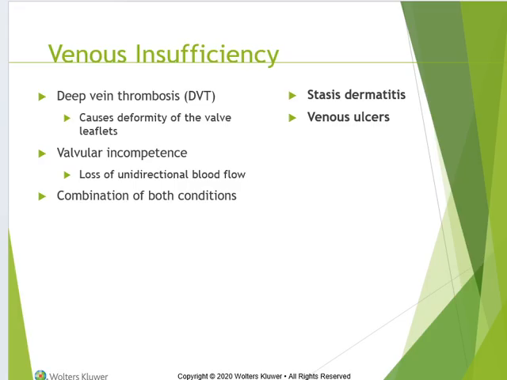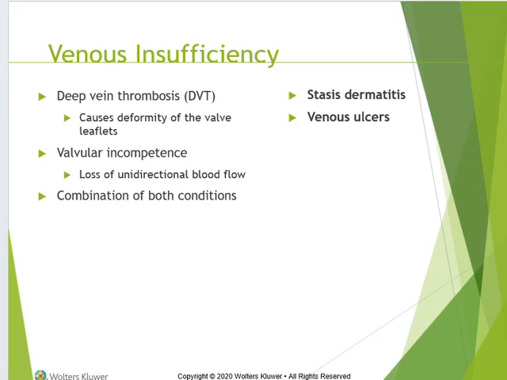Another issue that we can see develop within the veins is something called venous insufficiency. Patients who have had deep vein thrombosis are at higher risk of venous insufficiency because that thrombus formation causes deformity, often of the valves within the veins that would prevent backflow.